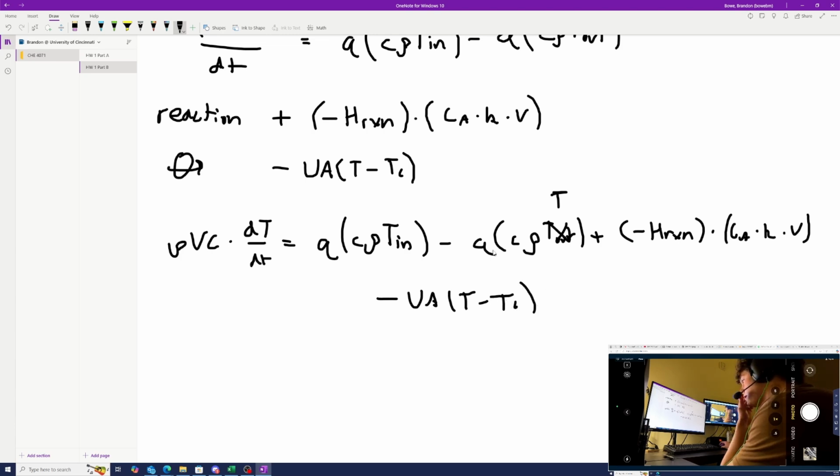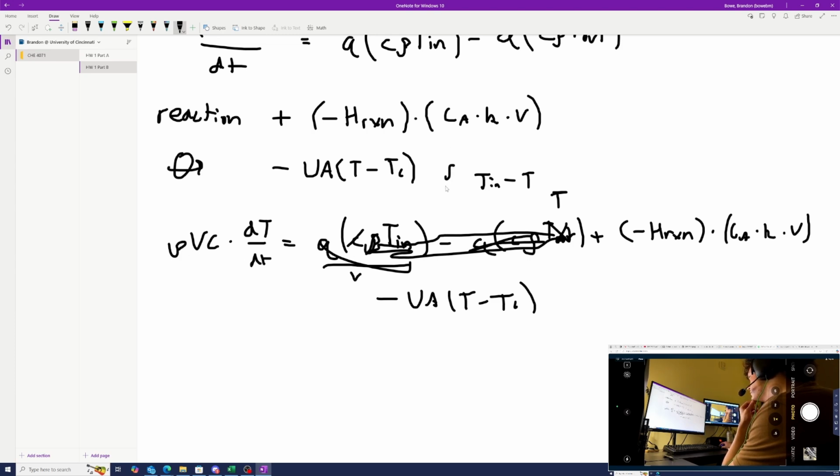So now what we can do is divide across by rho V C. If we look, our C and rho cancel out here, leaving us over V. So we'll also be able to pull out this Q. Crossing this out, we have our T in minus T, and then our C and rho cancel out, so we're just left with the Q we pulled out and our volume.